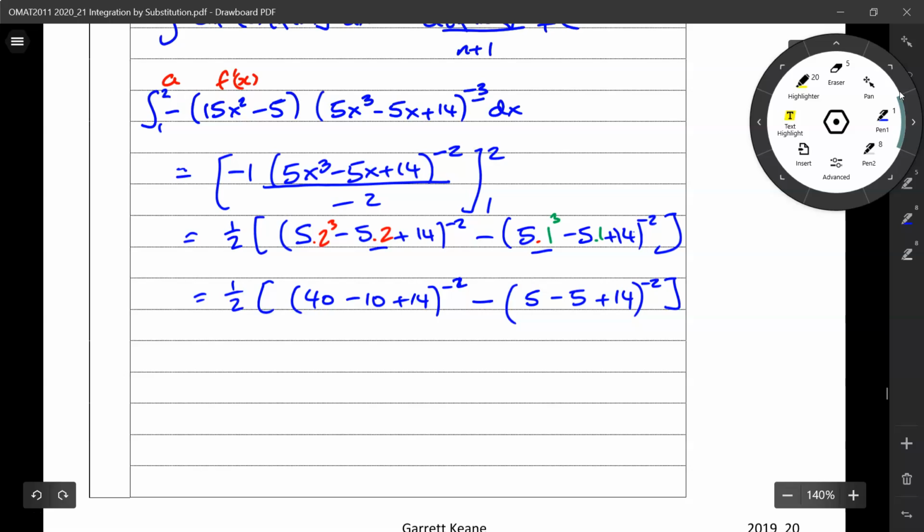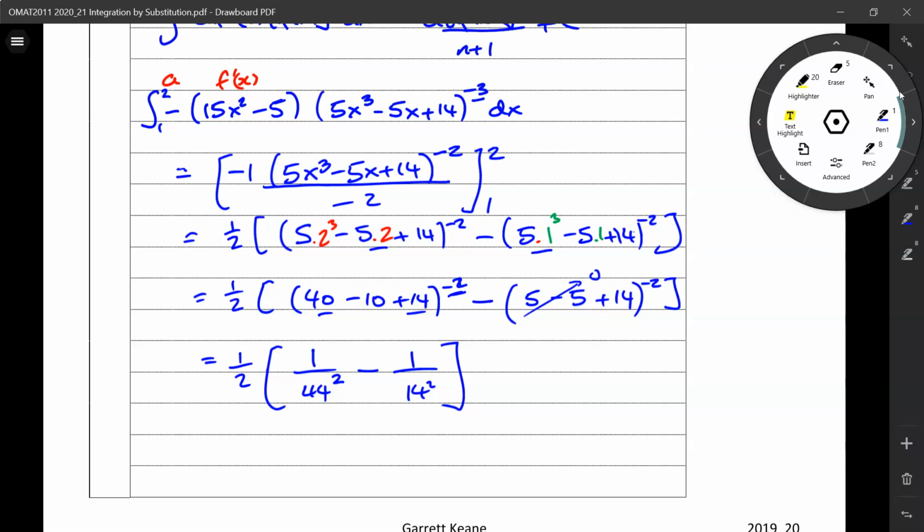And that gives me a half over 1, and I'll bring it in underneath now. So this is 40 plus 14 is 54, minus 10 is 44. It's that lot squared, so the minus 2 now becomes plus 2 over 1, minus, and here that goes to 0, so we're just left with 14 squared.